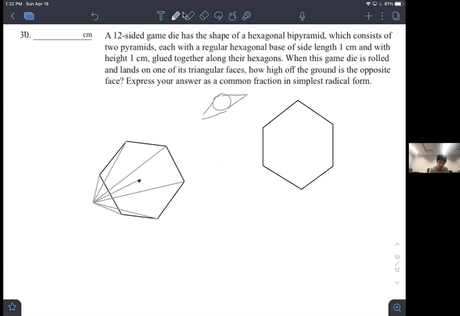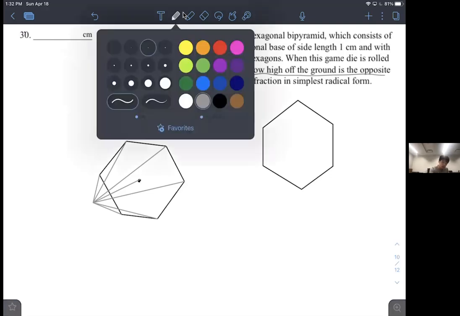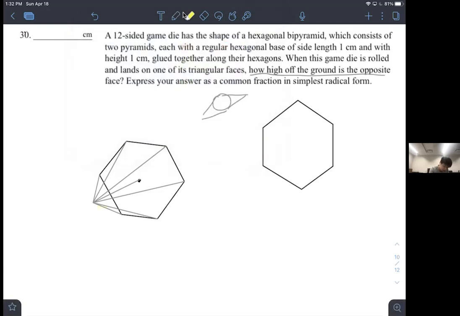What we're asking for is how high off the ground is the opposite face? What this is really asking is what's the distance between, for example, this face and the corresponding face over here? We know that the shortest distance is perpendicular to both.